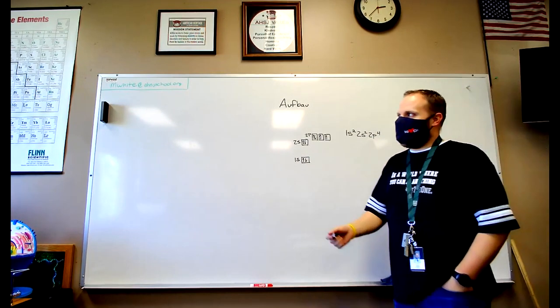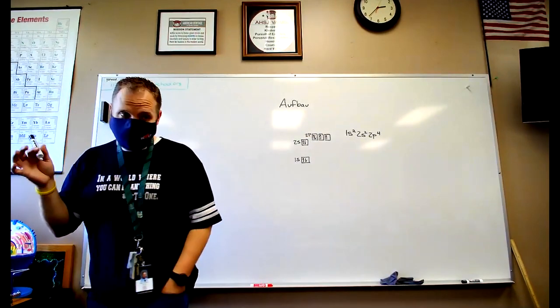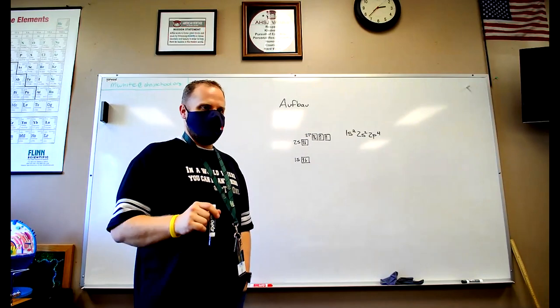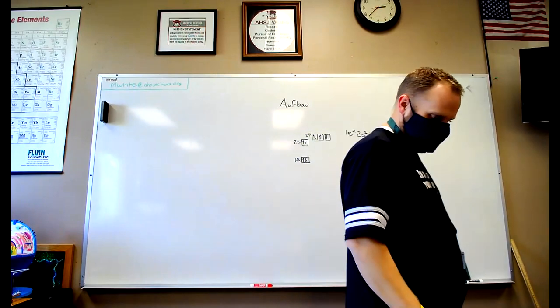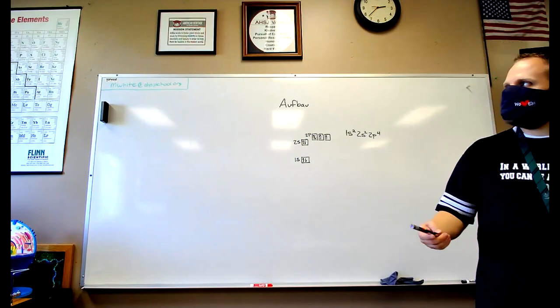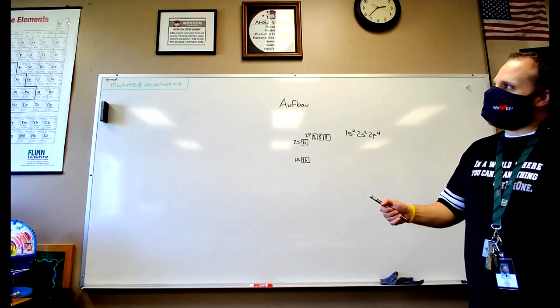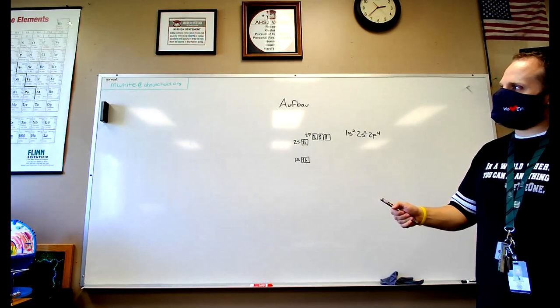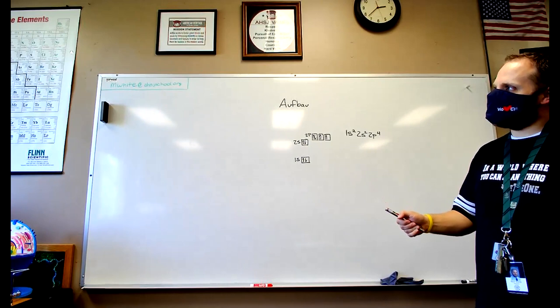So for the bigger elements, really starting with element number 11, sodium, and then anything bigger than that, we can actually use what's called a noble gas configuration. Now, we haven't really gotten into it, but all the way over here on this side, called group 18, it is the noble gases.